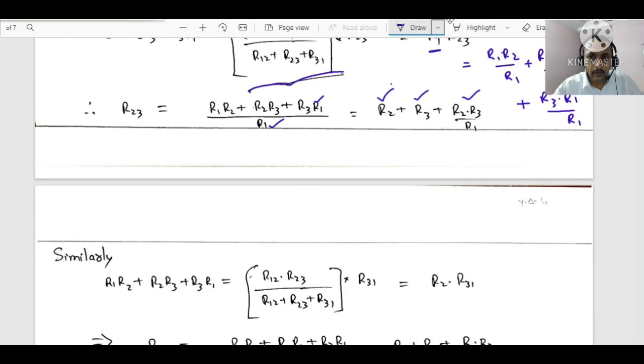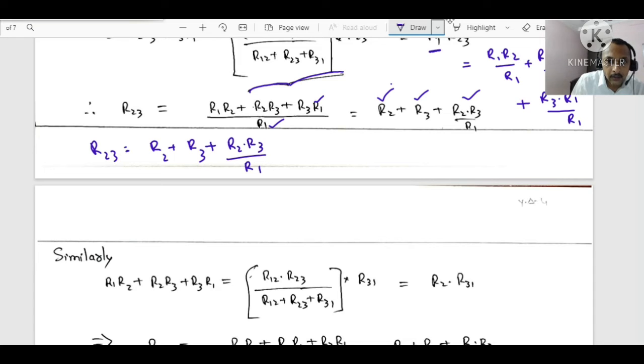Therefore, for a given star, if you want the delta value R23, it is simply R2 plus R3 plus R2 into R3, whole divided by its remaining term.